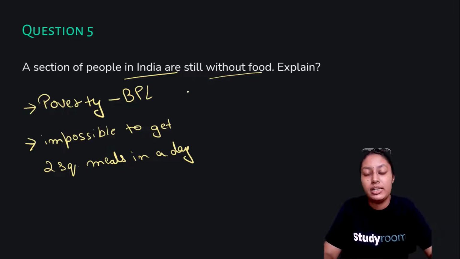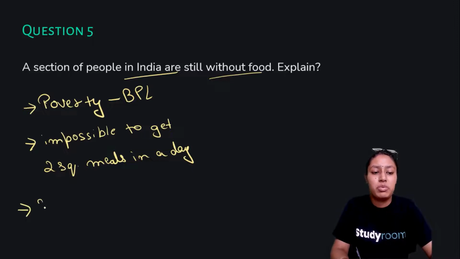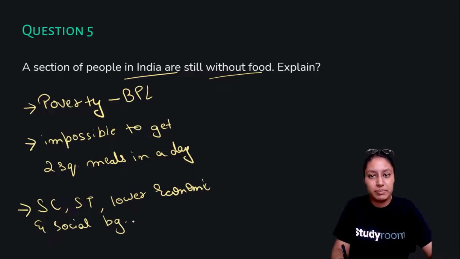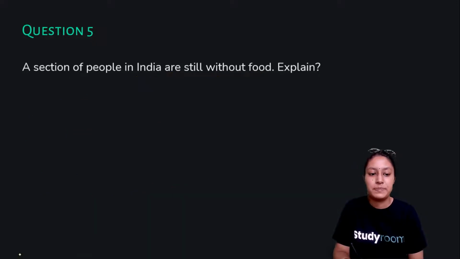They sleep hungry. They do not have food to eat, and it's impossible for them to get even 2 square meals in a day. These people are majorly belonging to ST, SC, or very lower economic and social background. So these are the people who are, sadly and unfortunately in our country, still without food.